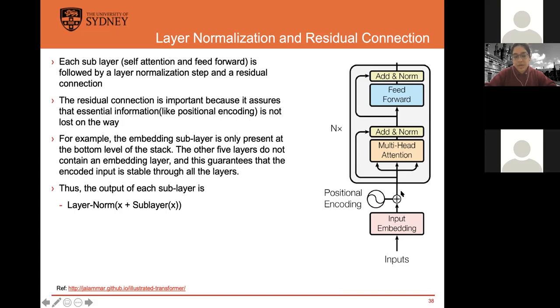The embedding sublayer is only present at the bottom of the stack; it is not present in between if you have multiple encoder stacks. So the residual connection ensures that every layer has a stable input. The output of each sublayer thus forms this layer normalization, residual connection, and the output of the multi-head attention.